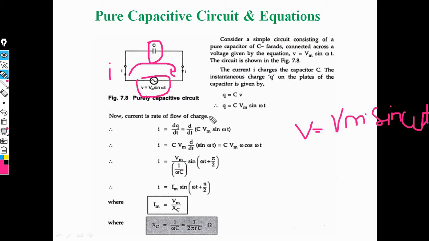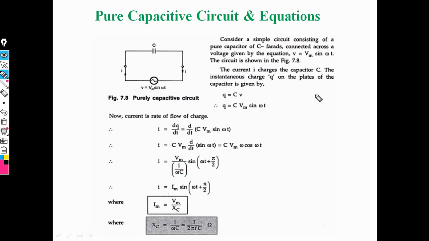Then this current I charges the capacitor with charge Q. The formula for charge with respect to a capacitor is Q equals CV. The voltage is given, V equals Vm sin omega t, so we put it in this equation.